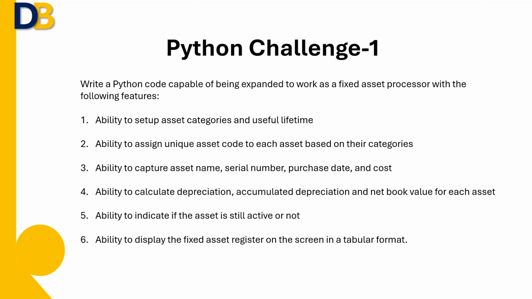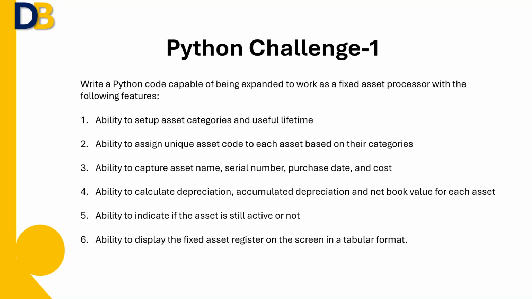And then based on the age of the asset, you will be able to calculate the accumulated depreciation for each asset. And then you can go ahead and give us the net book value, which will be the cost less the accumulated depreciation. Accumulated depreciation will be depreciation multiplied by the age of that asset in months.